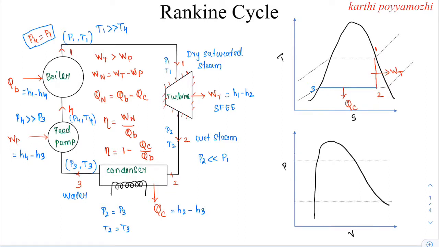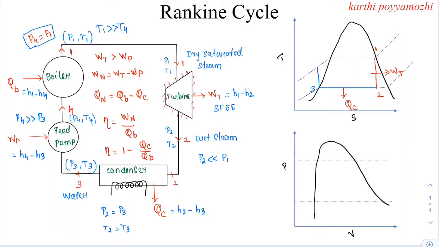And again, in the feed pump, the water is being isentropically compressed. That is, a compression process which is taking place through an isentropic process. Therefore, from 3 to 4, the entropy of the system remains constant.